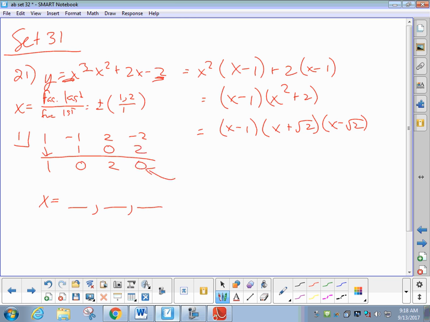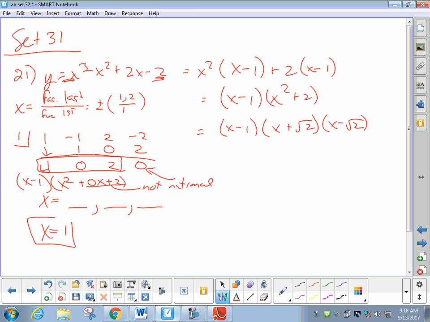First of all, x minus 1 is a factor, and it also tells you that when you take it out, what's left is x squared plus 0x plus 2. This tells you the depressed equation as a result of dividing x minus 1 out. From that, you can see that these aren't rational. If you solve this, they'd be irrational. So your only rational root is x equals 1.